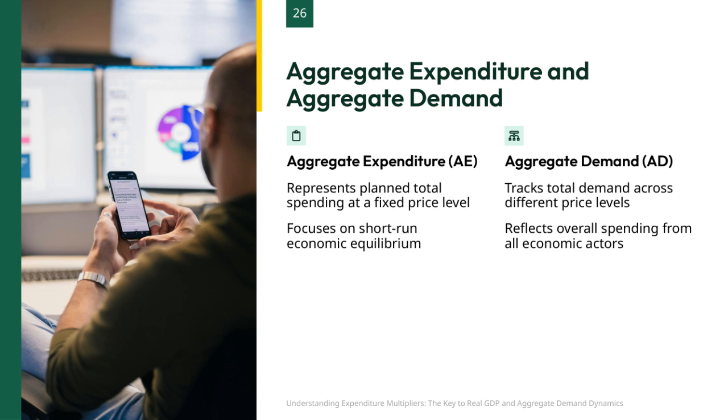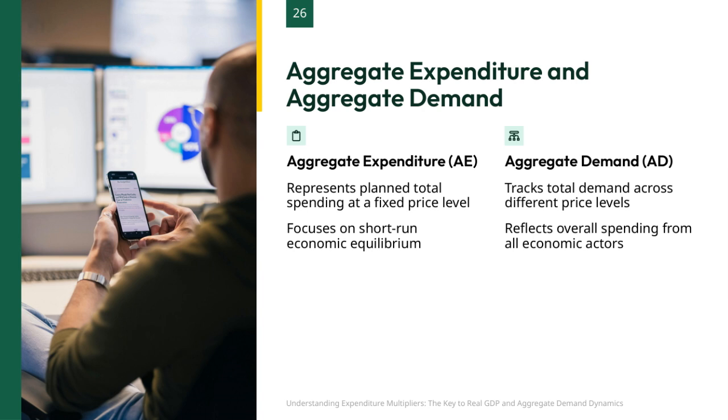On the other hand, aggregate demand goes a bit further by tracking the total demand across different price levels. It captures overall spending from all economic actors, meaning households, businesses, the government, and foreign buyers. This broader view helps us understand how total demand changes as prices fluctuate.